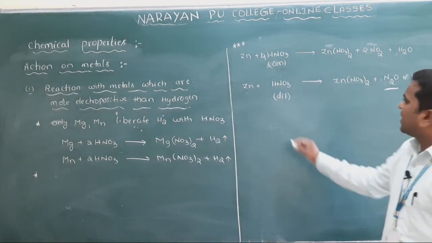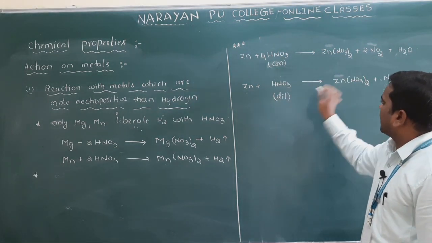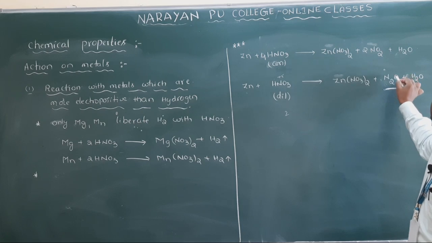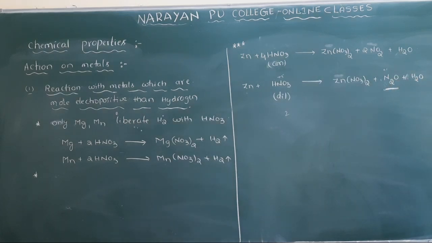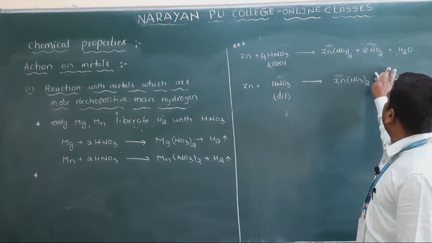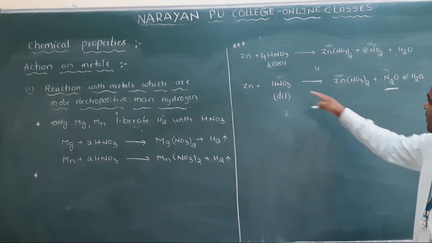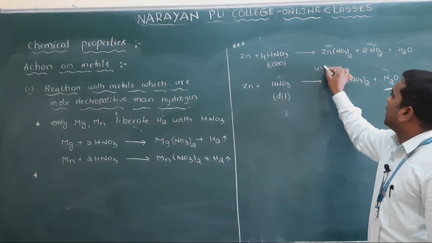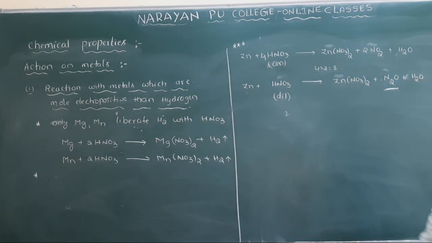Clear? Balance here. How many units increased here? 2 units increased, 0 to plus 2. And here nitrogen goes from plus 5 to plus 1 in N2O. Plus 5 to plus 1, how many units decreased? 4 units. But it is for 1 nitrogen, and how many nitrogens are there? 2. So you have to multiply this by 2, then 8.